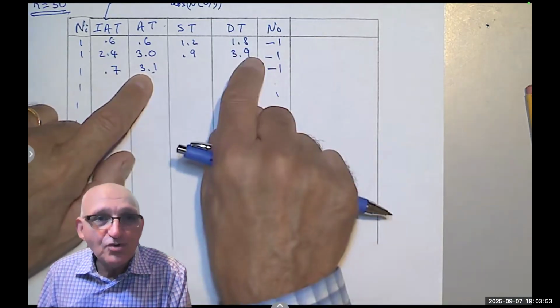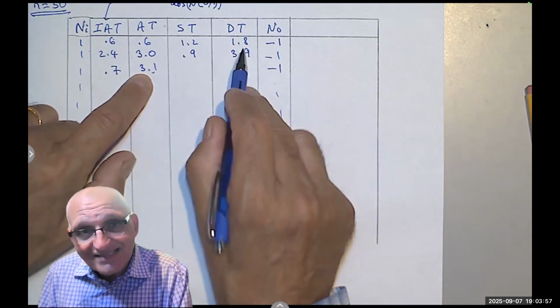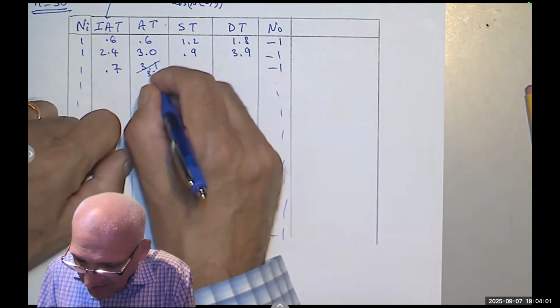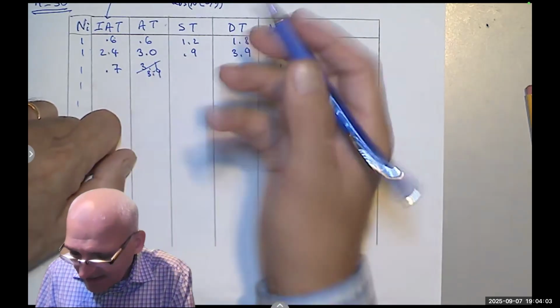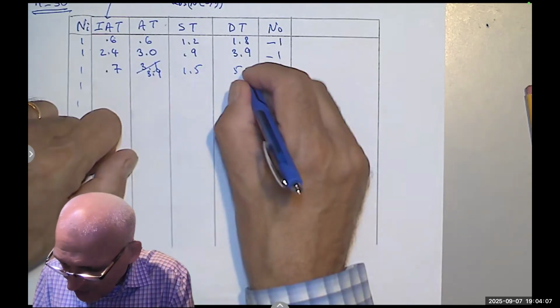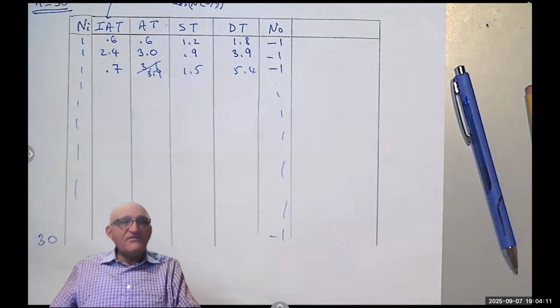This car cannot move. Okay, so we'll have to wait until this customer leaves, and I will update that and make it 3.9. And then let's say this is 1.5, you add them up and you get 5.4, and so on and so forth until I fill the table.